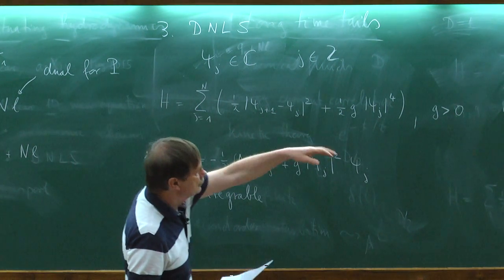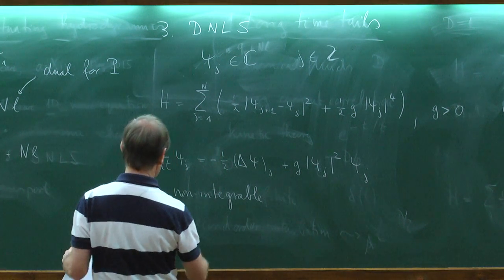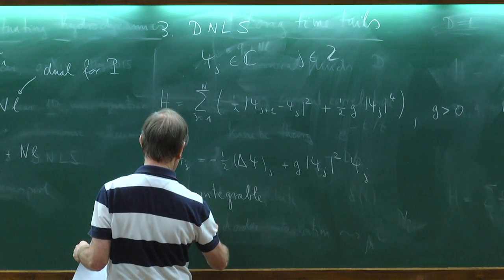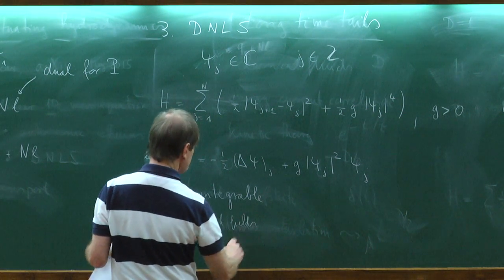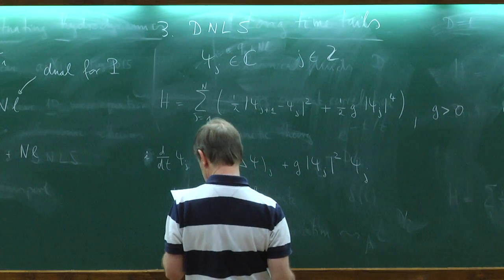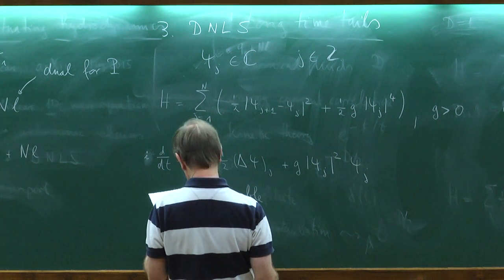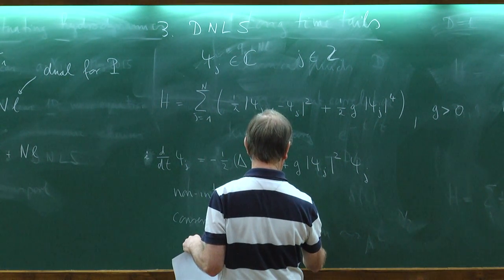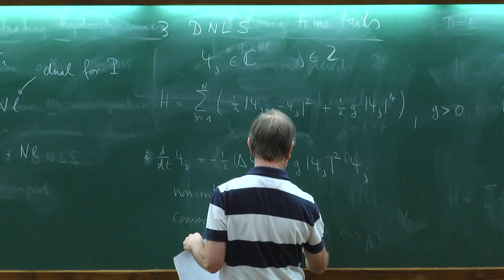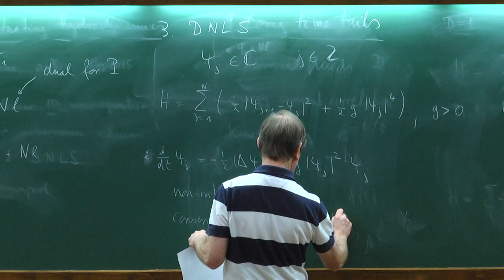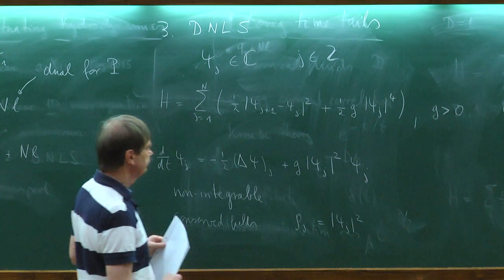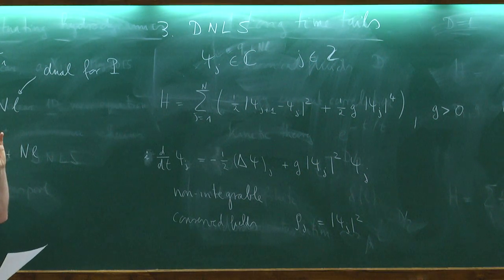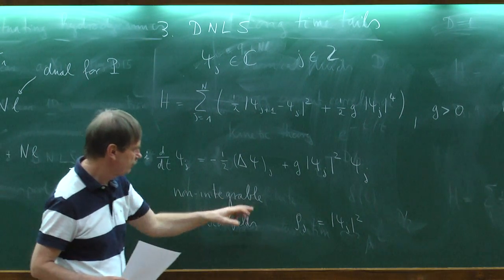If I follow the same scheme, the next thing is the conserved quantities. It's the same thing. Just look at my notation: you have rho_j, which is |psi_j| squared. That's something like a density, but we will see.